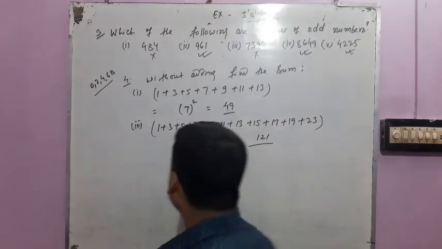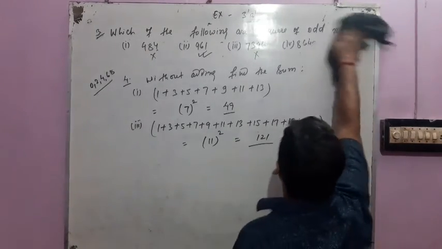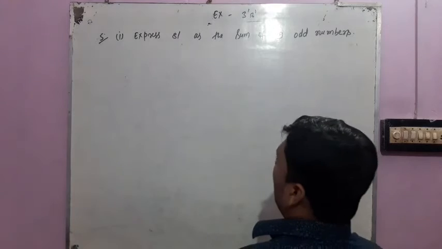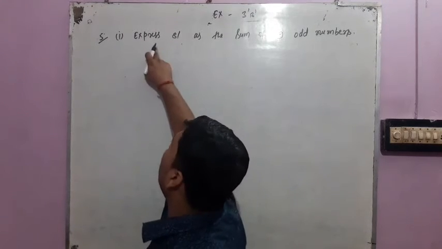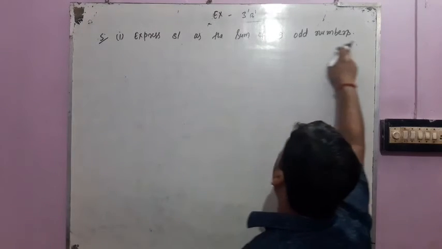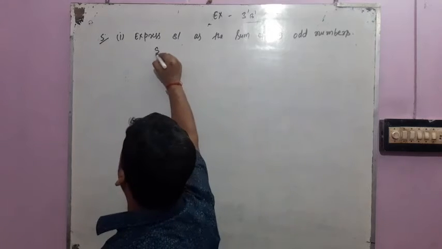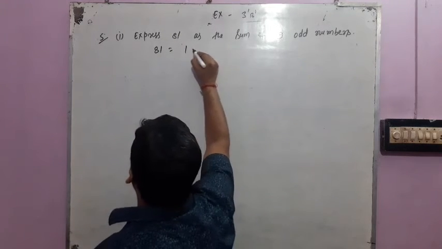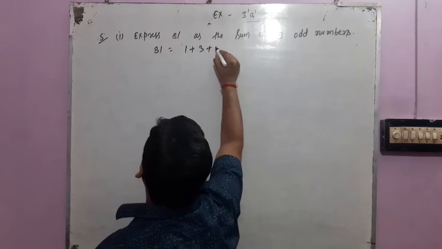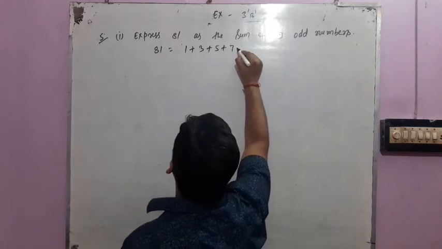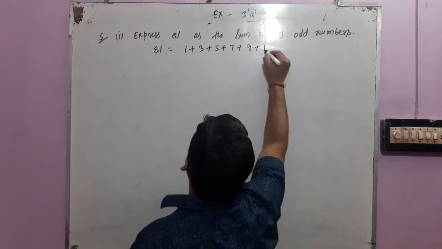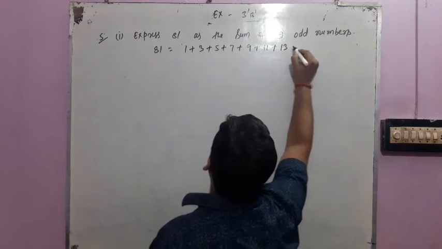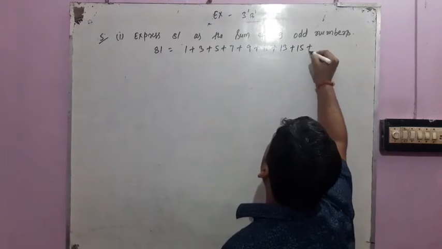Look here. Students, in question number 5, express 81 as the sum of 9 odd numbers. We have to express 81 as the sum of 9 consecutive odd numbers: 1 plus 3 plus 5 plus 7 plus 9 plus 11 plus 13 plus 15 plus 17.